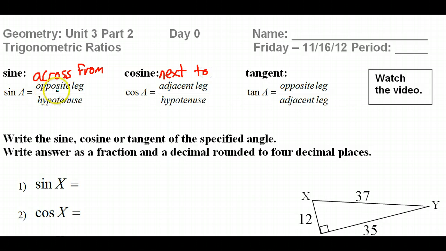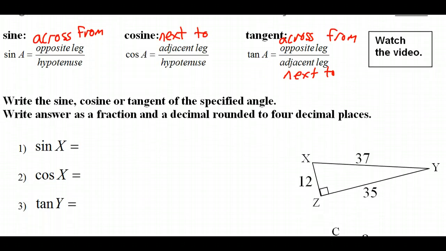Opposite means across from. Adjacent means right next to. If you had any question about that, go ahead and write that down. And of course, you know what the hypotenuse is.